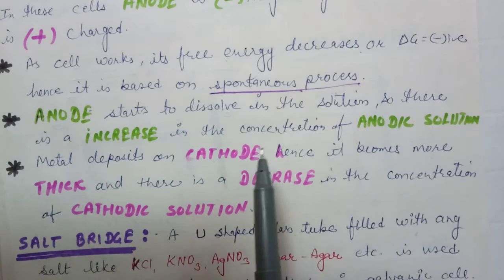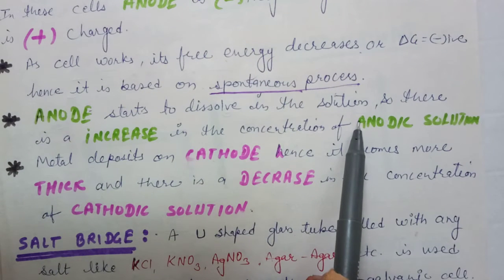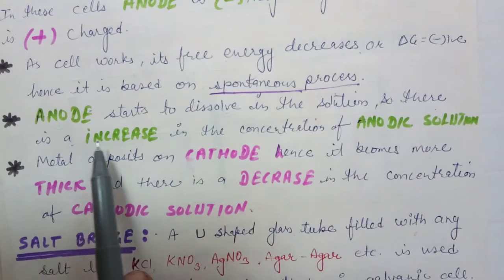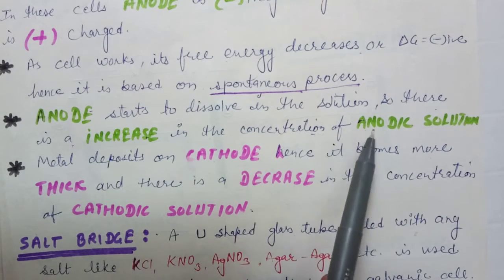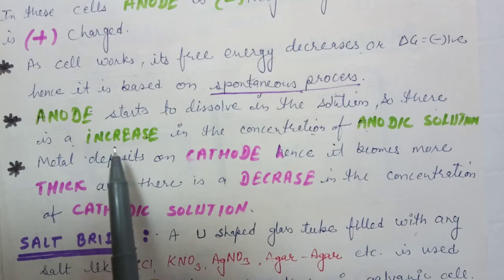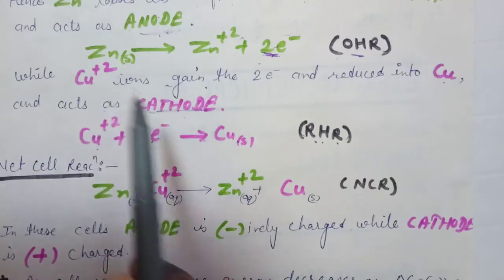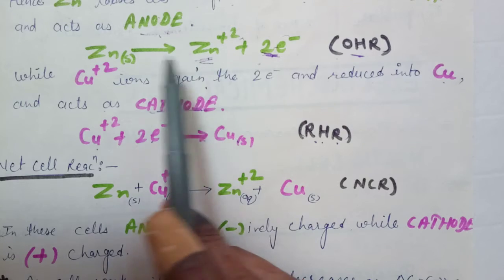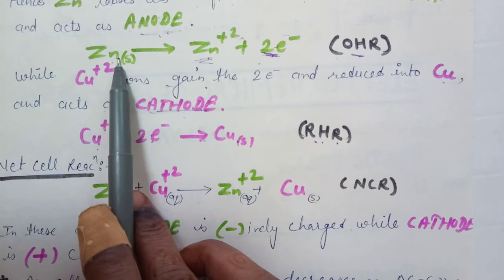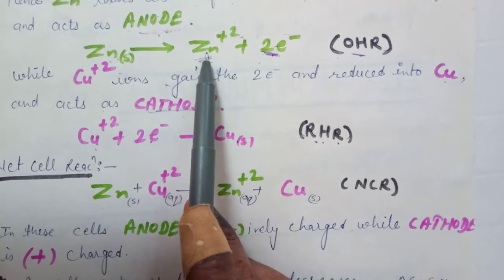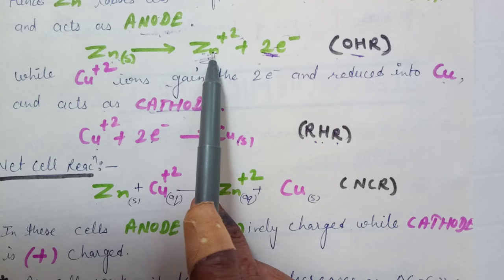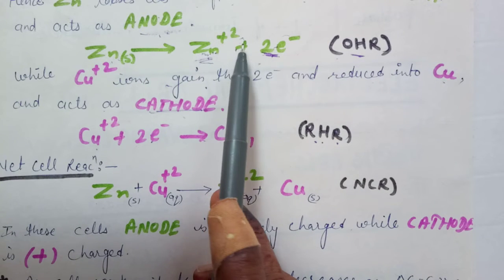The anode starts to dissolve in the solution. So there is an increase in the concentration of the anodic solution, as I told you that Zn is converting into Zn+2. So Zn, which is solid, is converting into Zn+2 ions, and the Zn+2 ions dissolve in the solution.